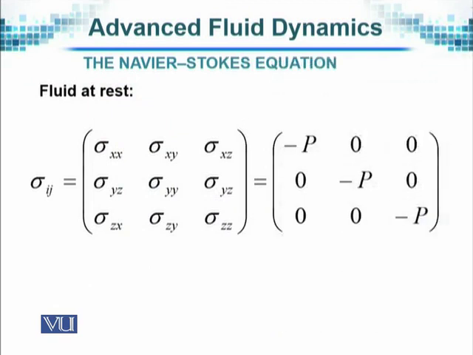If the fluid is at rest and we want to separate the tensor forces, then the 9 tensor forces at rest will be equivalent to only the pressure components acting in the x, y, and z directions inversely.